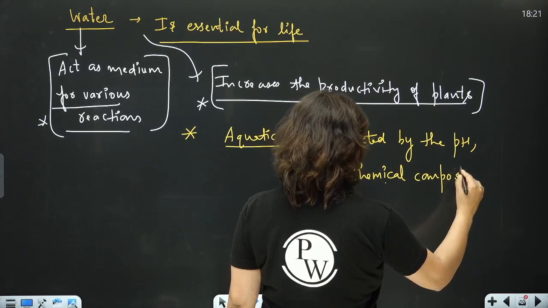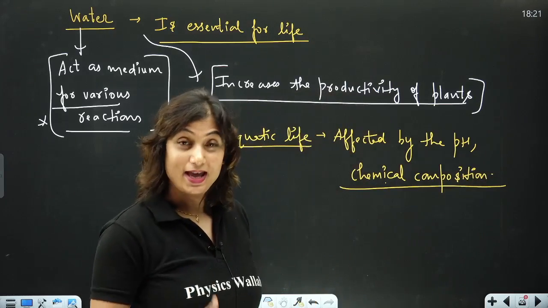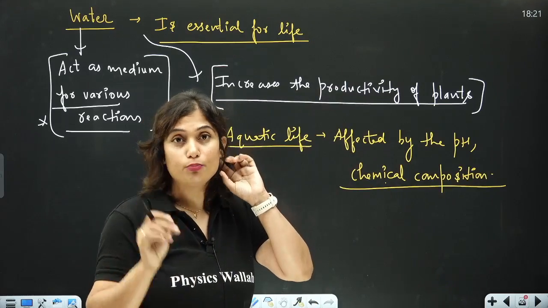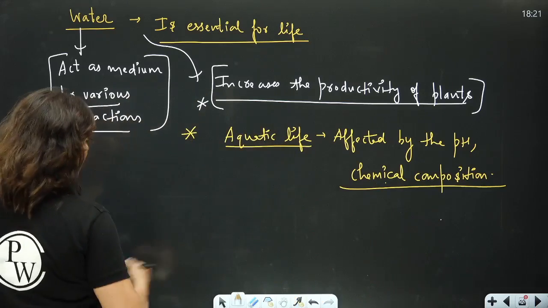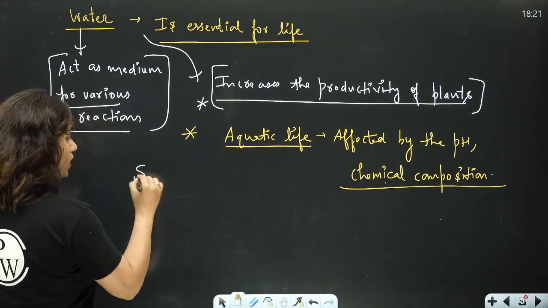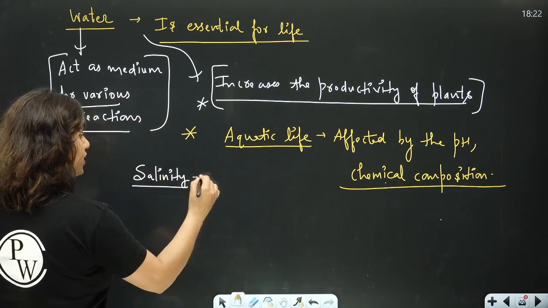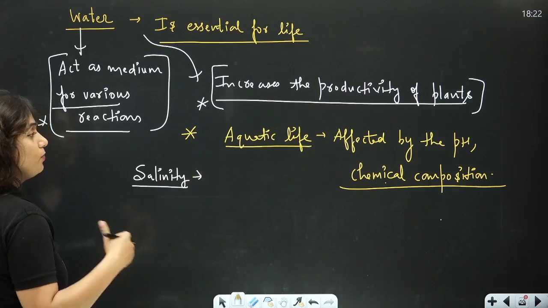The kind of plants and the kind of animals which will be found in the aquatic habitat will be affected by the pH and the composition of water. Like it is given in NCERT that the salinity, the amount of salt present in water, also affects the kind of life that would be found there.